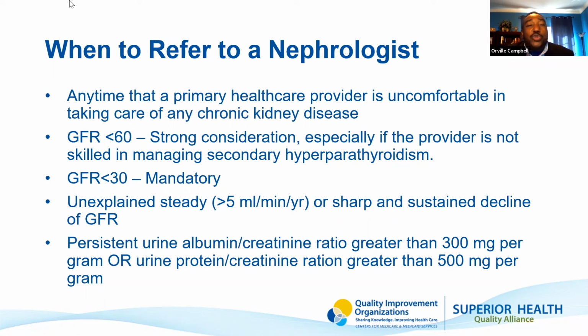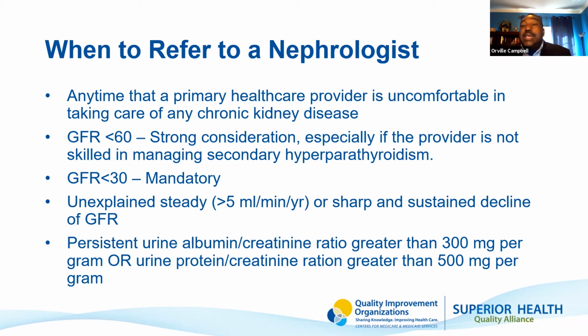All individuals should be. And I asked the question, should you refer with a GFR of 80? Could be, it depends on where you're starting. You could have started with a GFR of 120. If you're exceeding 5 milliliters per minute per year and or a sharp and sustained decline at 80, then yes, because that's a rapid loss of kidney function.